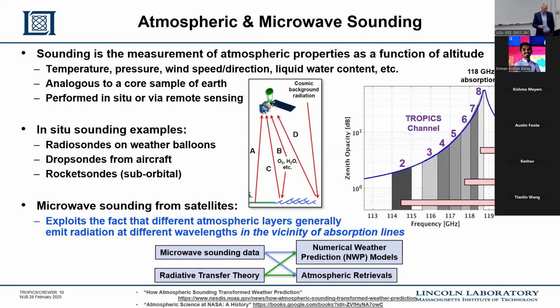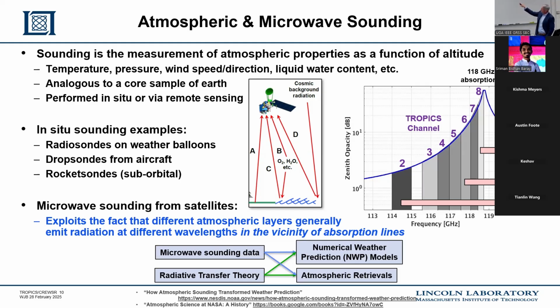Okay. So just a few words on how we make these measurements of temperature and moisture and how we derive a vertical profile. So part of the magic of atmospheric sounding is that we use these absorption lines. What I'm showing you here on the right is the atmospheric absorption near a line due to oxygen at 118.75 gigahertz, right? So there's a very strong line.